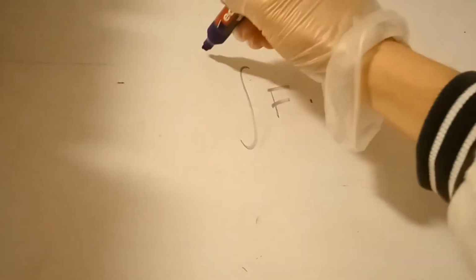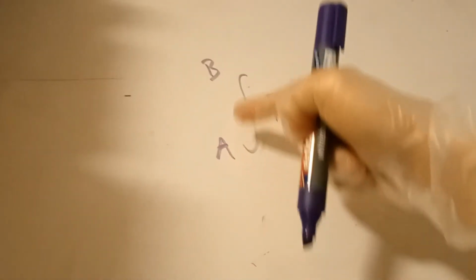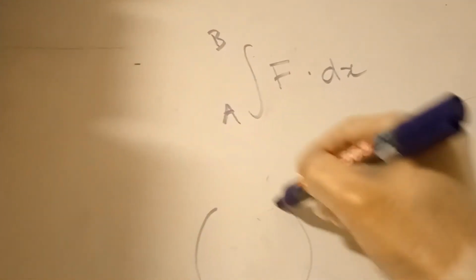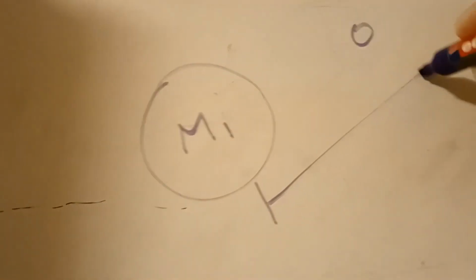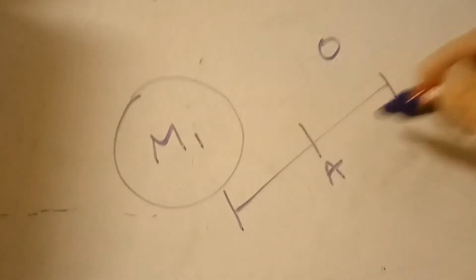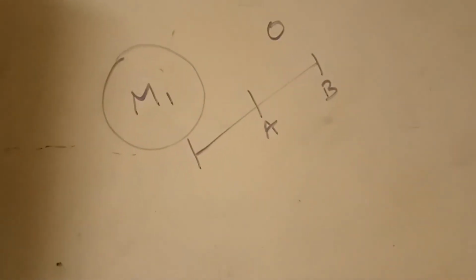So the integral of F dot dx, and the upper limit will be B and the lower limit A. So this is moving from point A to B. Let's say this is the planet Earth, this is a small mass, and you're moving from A to B.